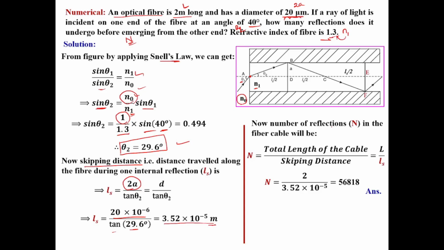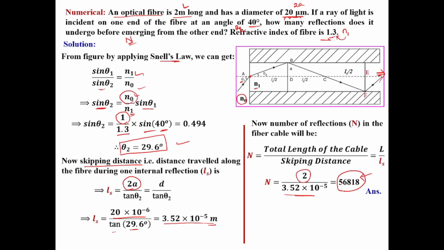Now the total number of reflections, how much? Total length L given as 2 meter by the skip distance, this is your 3.52 into 10 to the minus 5. So this number represents the total internal reflections that happen inside the cable before the light emerges from this end.